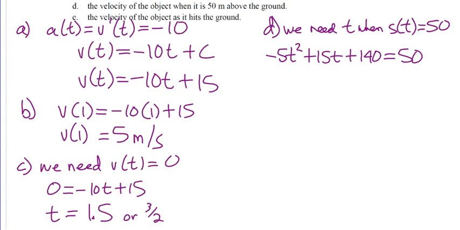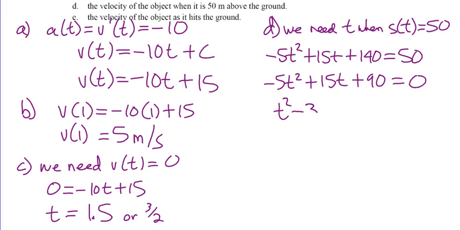All right, solve it. It factors, just so you know. You don't need to use the quadratic formula in here. Everything is a nice number. Now, let's get that 90 first. All right, t squared minus 3t minus, is it 120?